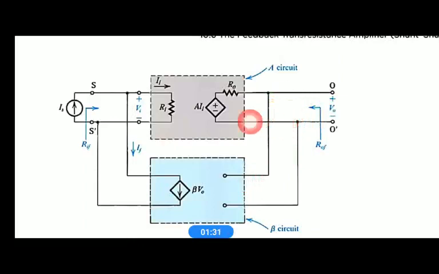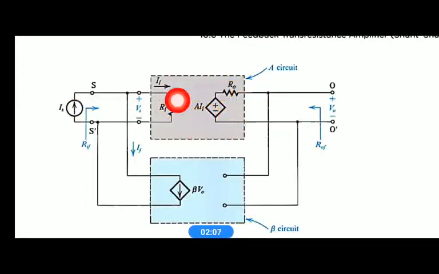We call this amplifier a trans-resistance amplifier because we are applying the input as a current using the current source IS, and we are taking the output in the form of voltage. So voltage by current is the gain here. Therefore it is a trans-resistance amplifier.